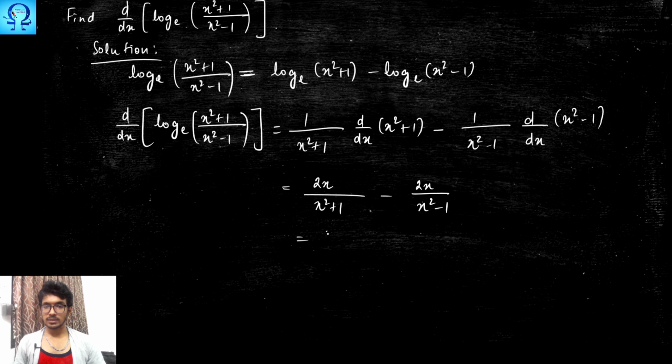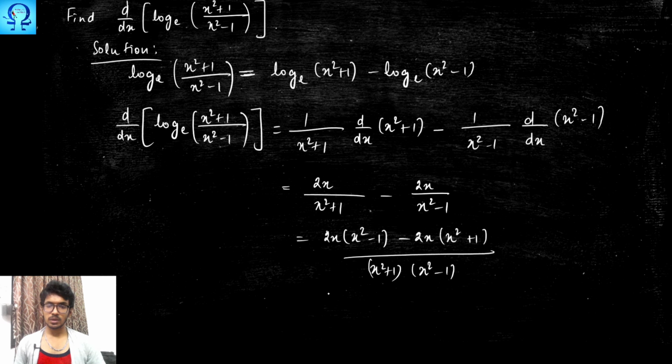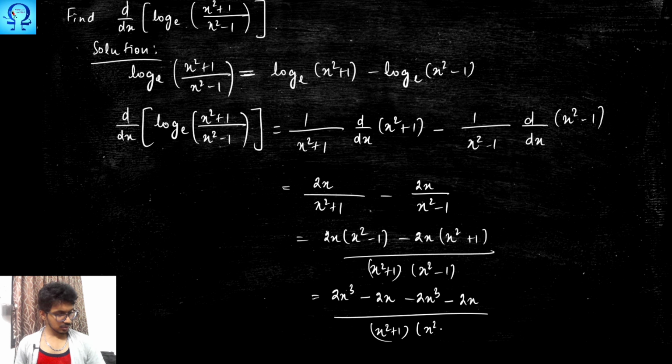If you take 2x as a common thing, or if you wish to take the LCM, you would get 2x times (x squared minus 1) minus 2x times (x squared plus 1) upon (x squared plus 1) times (x squared minus 1), and this would be 2x cube minus 2x minus 2x cube minus 2x upon (x squared plus 1) times (x squared minus 1).